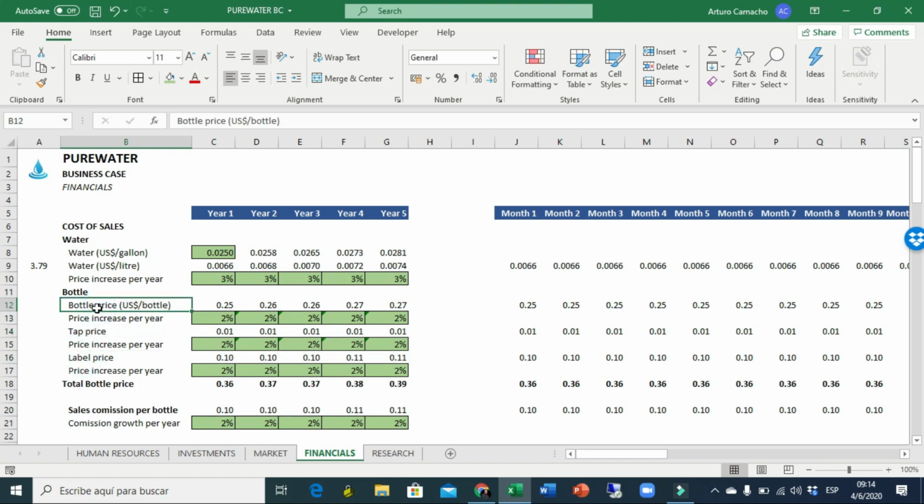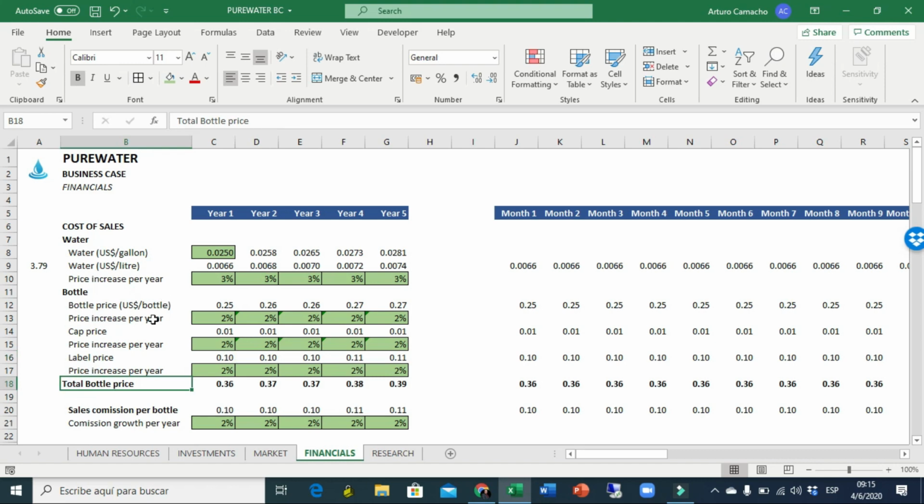I made all this up, really. I don't know what the prices are, but I think it should be around, perhaps, 25% of the price of the bottle. So I began with 25 cents. The cap, I think it's called the cap, not the tap. Oh, I'm sorry, I meant cap. The cap price I set at 1 cent, and the label perhaps 10 cents.